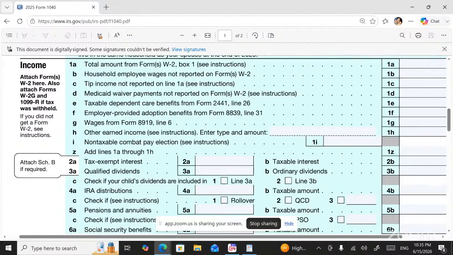As I already explained, W2 is nothing but the wage sheet given by the employer to the employee. Remember, this sheet W2 will not be given every month, only at the end of the year.